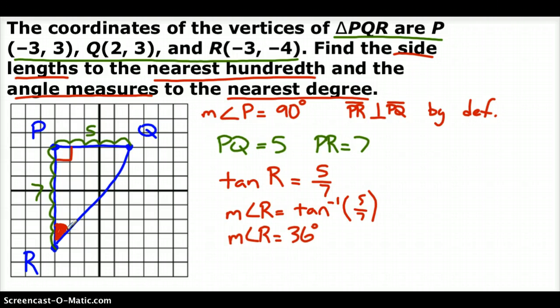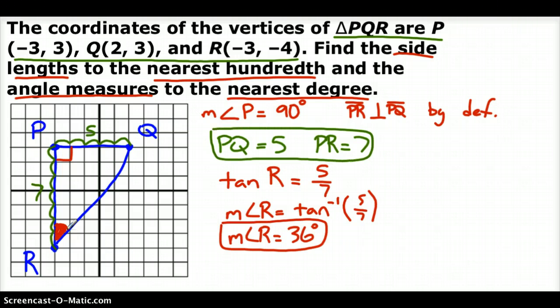And so this is definitely one of the things we're looking for. I guess let me go back and show that we're looking for these as well. Okay. Now we could do the same method for angle Q, but remember we also know here that in a right triangle the acute angles are complementary, right?